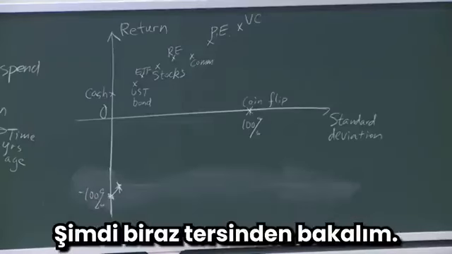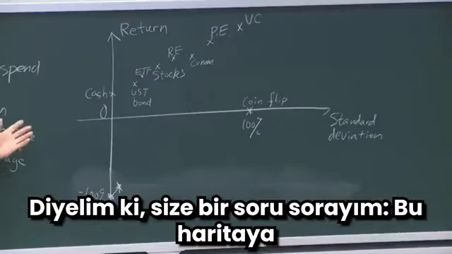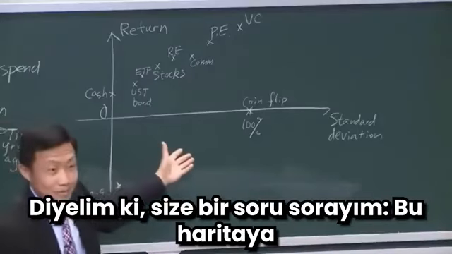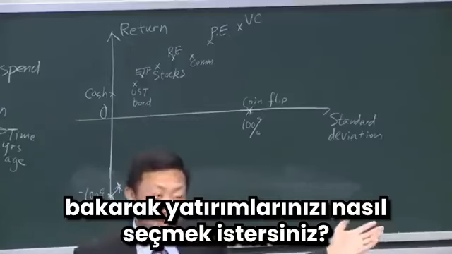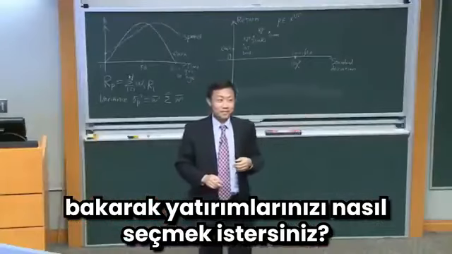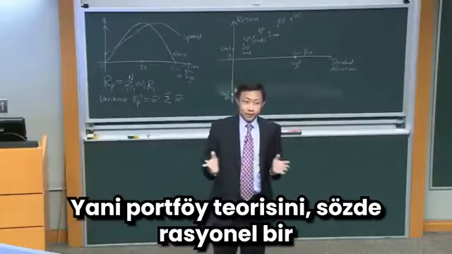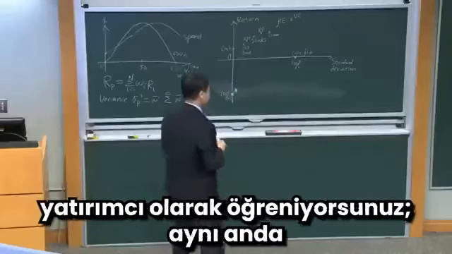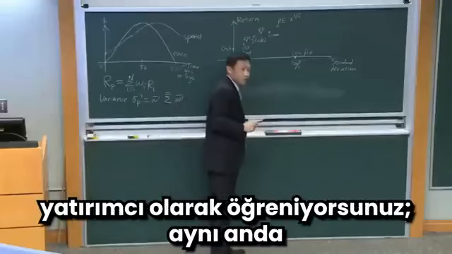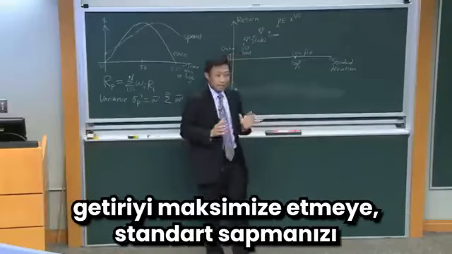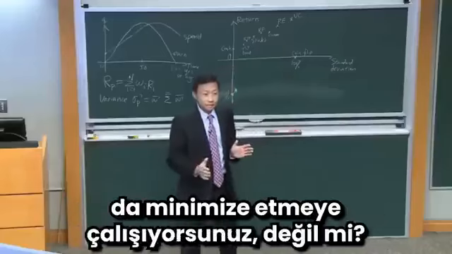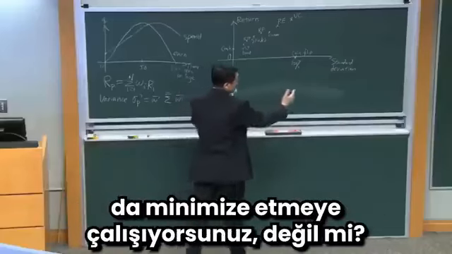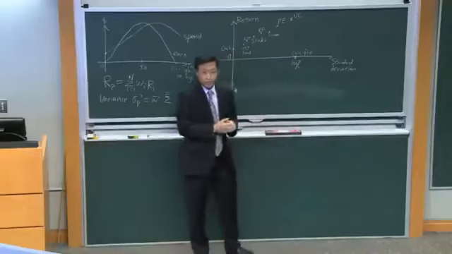So now let me turn the tables around and ask you a question. Given this map, how would you like to pick your investments? So you learned about portfolio theory. As a so-called rational investor, you try to maximize your return and at the same time minimize your standard deviation, right?